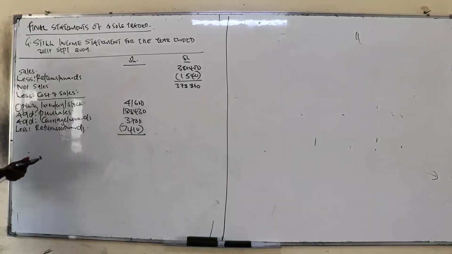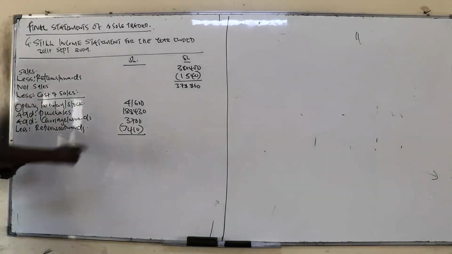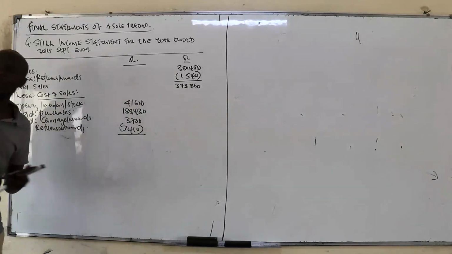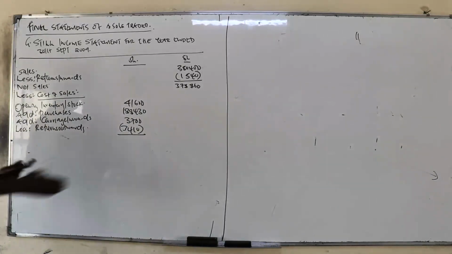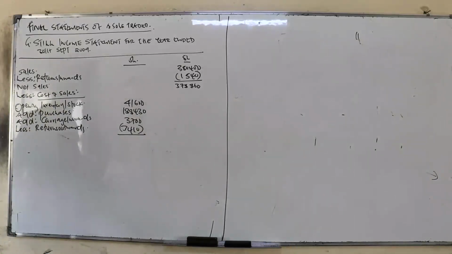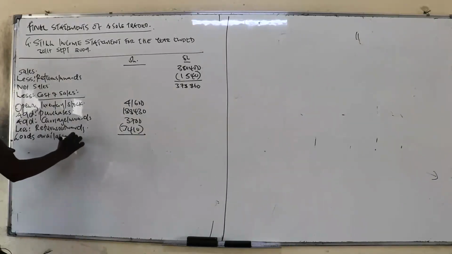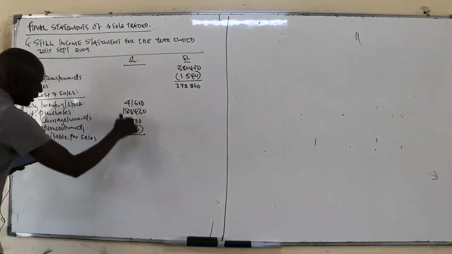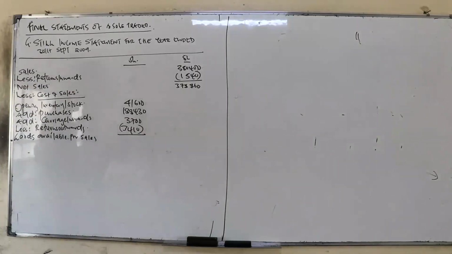When you add whatever you had, the opening stock plus the purchases, you get what we call goods available for sale. Any figure in bracket means subtraction or deduction. So what do you get there?